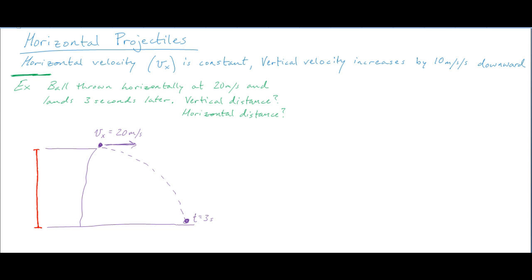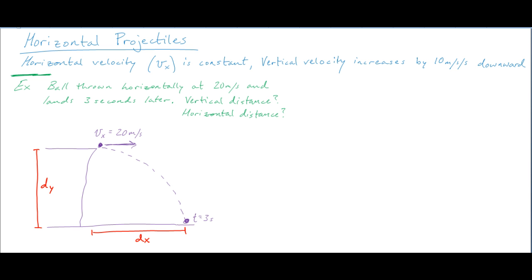In other words, we're being asked to find how tall is the cliff and how far out does it go, d sub x. Because we know time, this problem is going to be easier than if we didn't have time, because we can use graphs to calculate stuff about the motion.